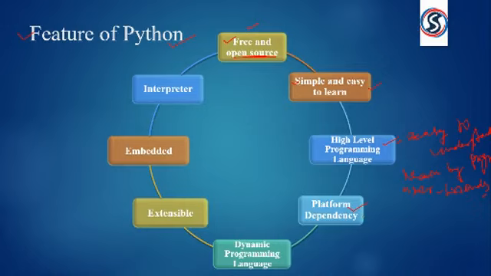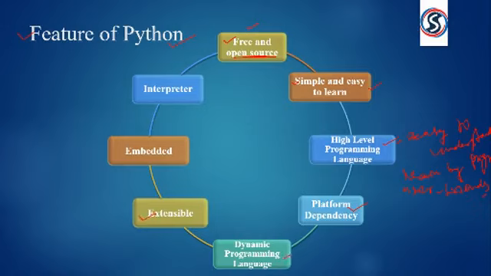The next is dynamic programming language. In Python, we are not required to declare the type of the variable. Whenever we assign a value, the type is allocated automatically based on the value. Hence Python is considered a dynamic programming language.